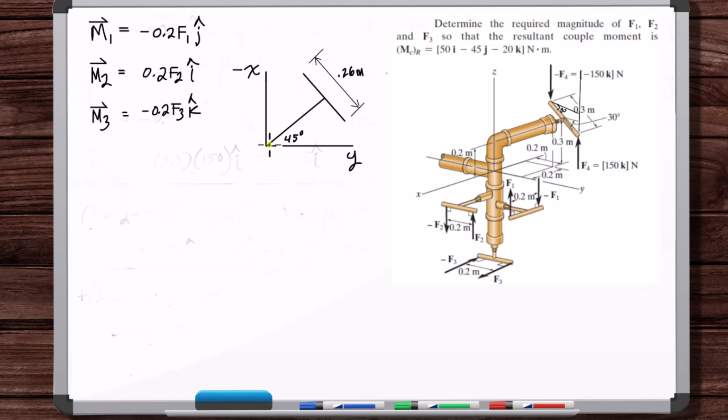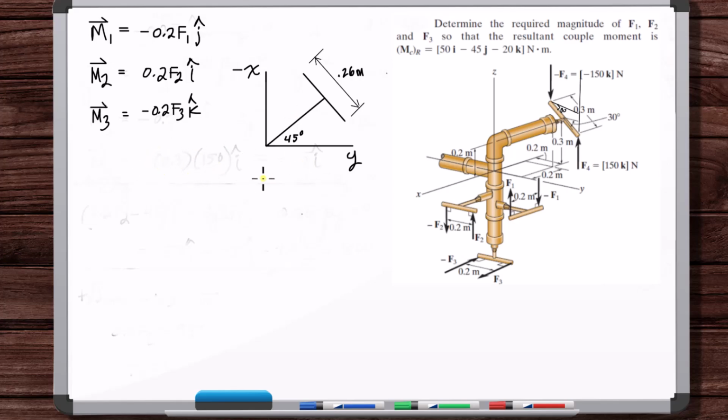What is this as a unit vector? This direction would be minus cosine 45 i hat plus cosine 45 j hat.